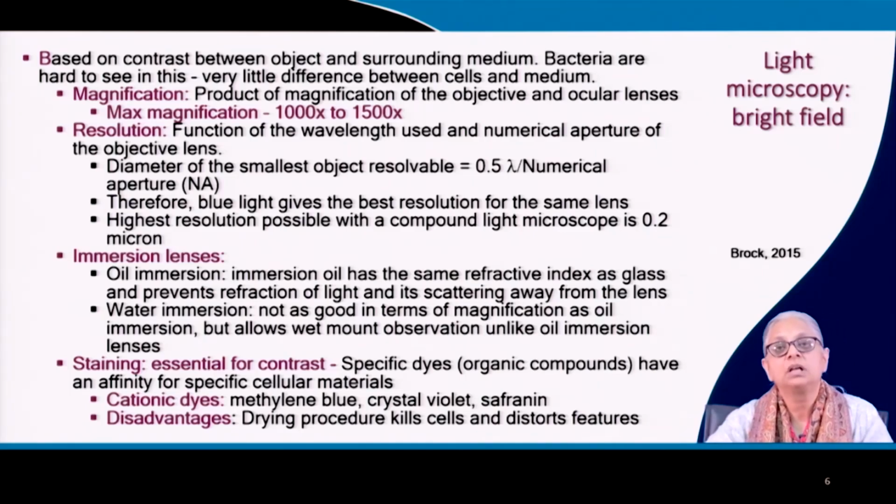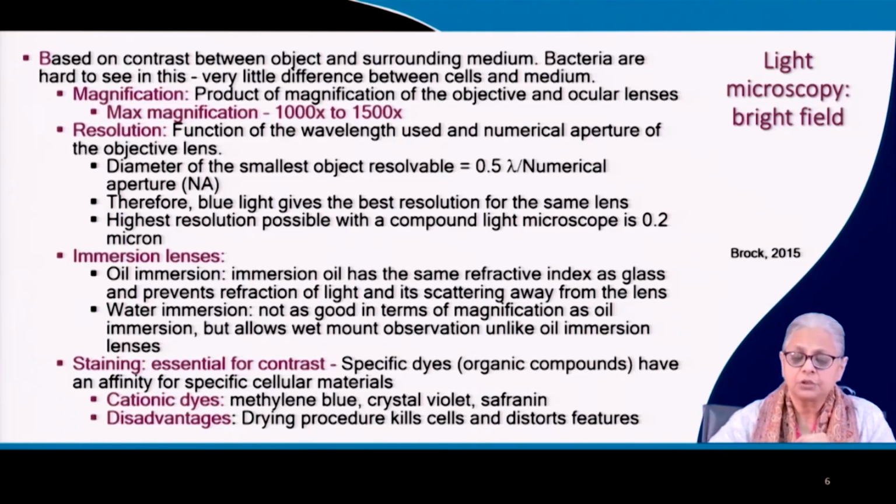Now, in general, in bright field microscopy, we use white light. White light has the entire range of wavelengths. But let us say you were going to go for a monochromatic light source, and let's say you bring it down to the smallest wavelength in the visible region. The smallest wavelength in the visible region is blue light.